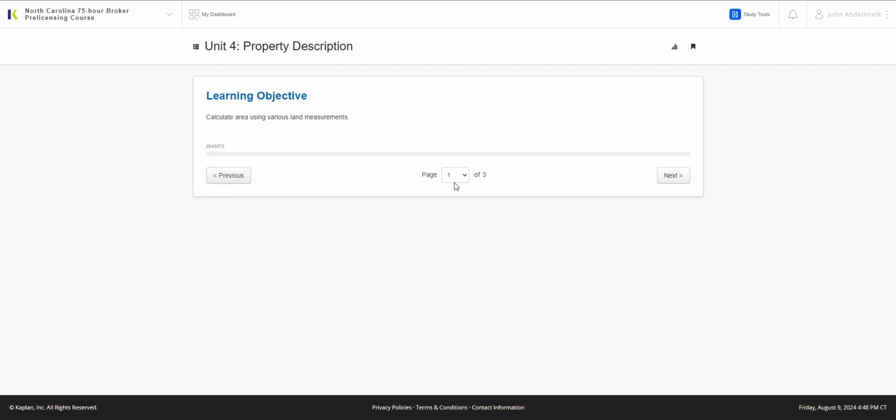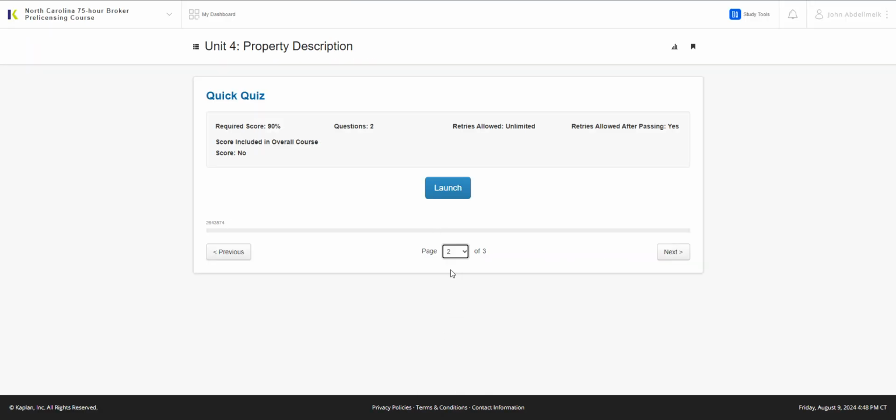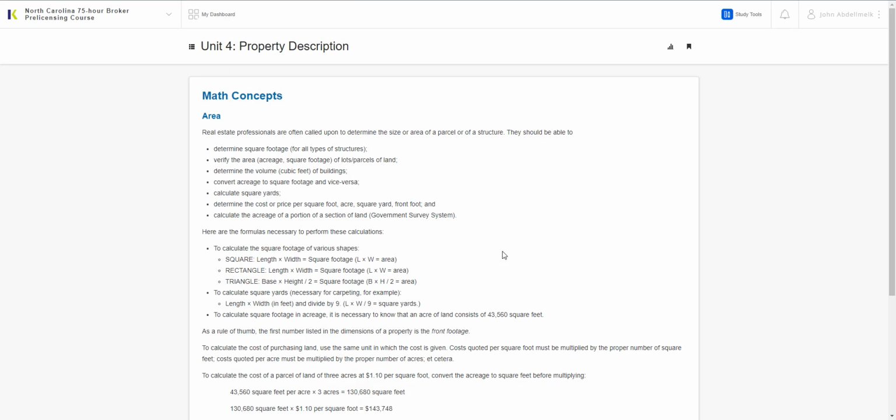Calculate the area using various land measurements. Yeah, let's go. Ooh, math. Okay, so let's do some math concepts. Area. I love area.